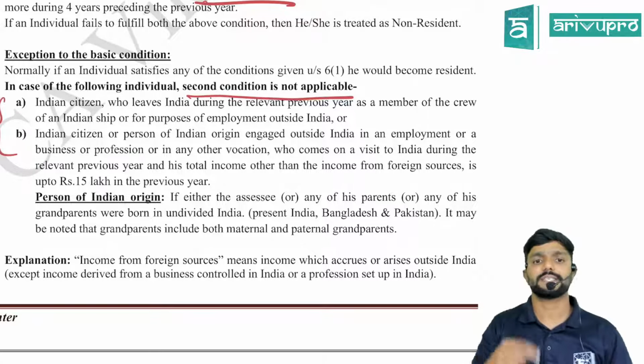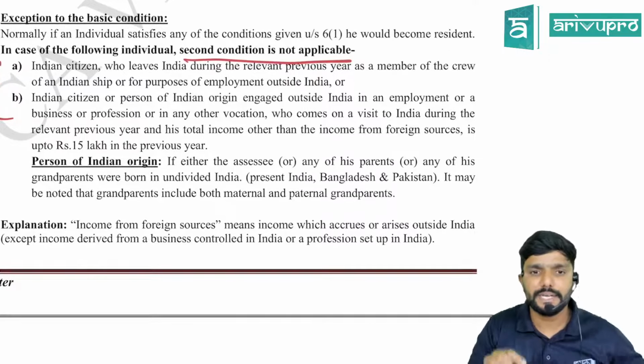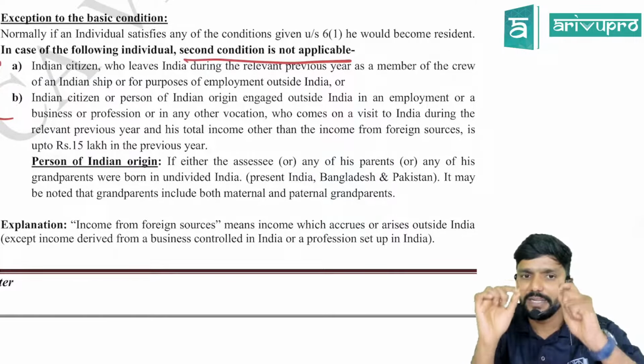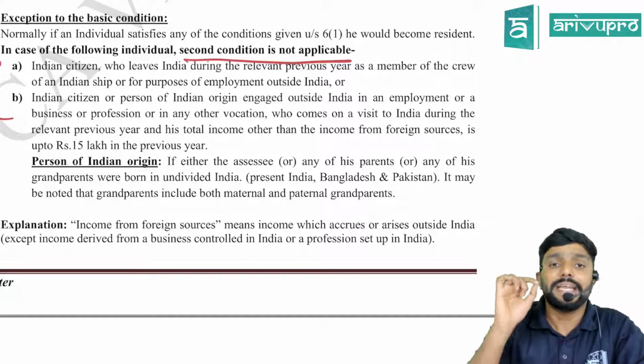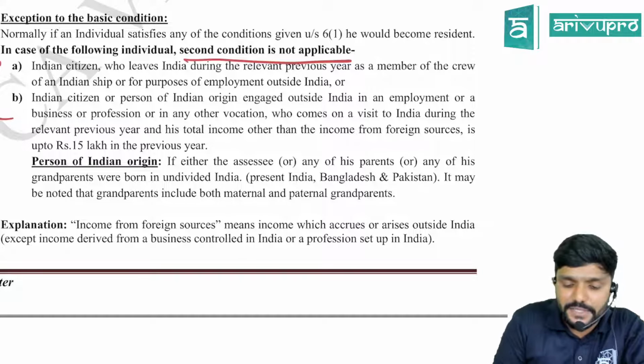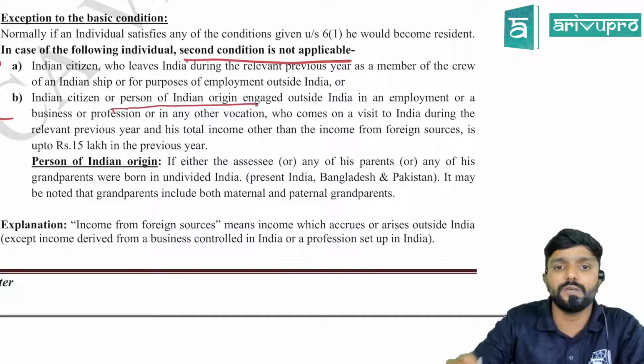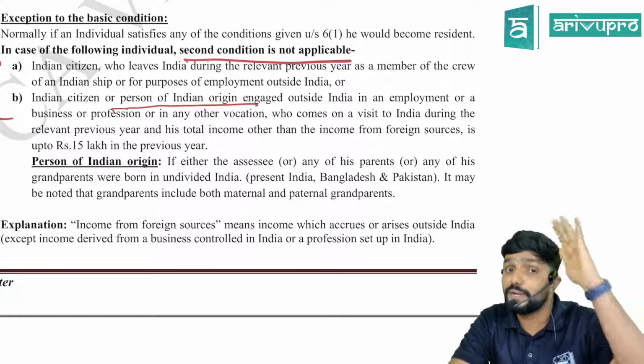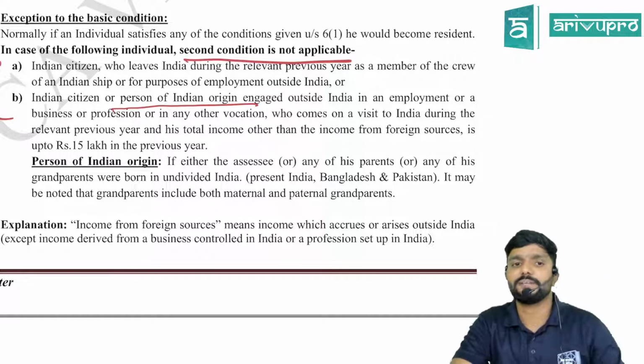Okay, sir. First exception. Second exception, there is a connection again later. Please be attentive. Indian citizen or one more extra person here: a person of Indian origin. See, in the previous point only Indian citizen. Here one extra person is coming.